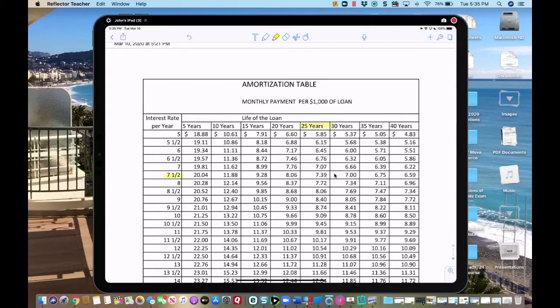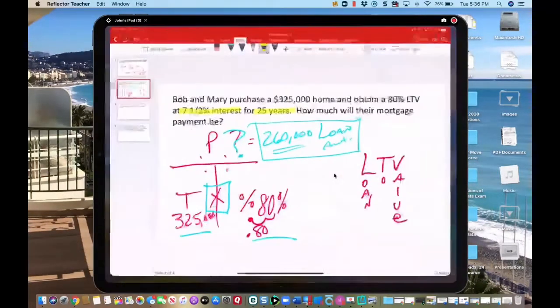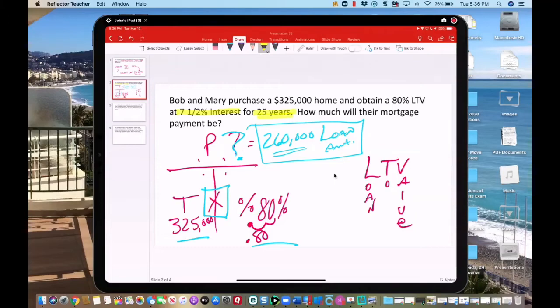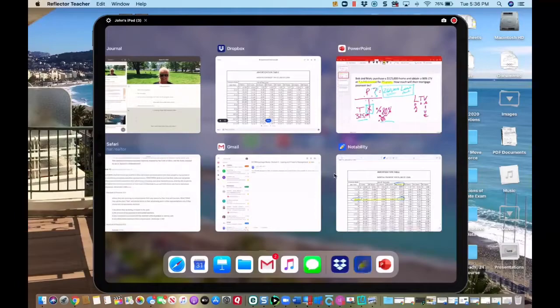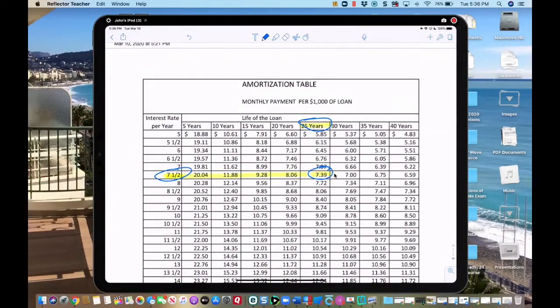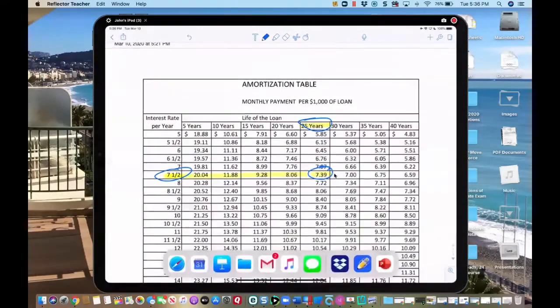So right here, if I bring that all the way over, 25 years is 739, 7.5% interest. Let's double check. 25 years, 7.5% interest. Okay, so we got that right. It's $7.39. That's the number we want to plug in.